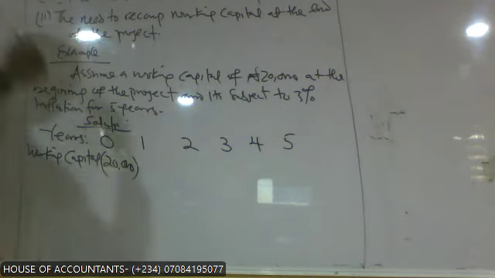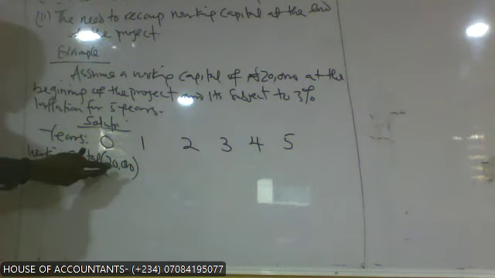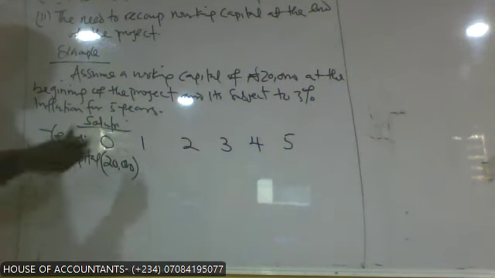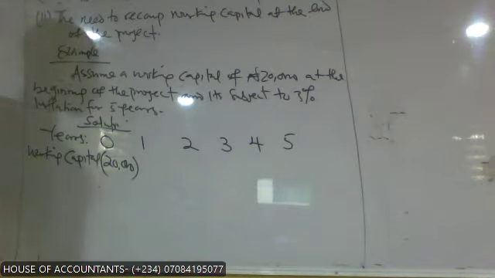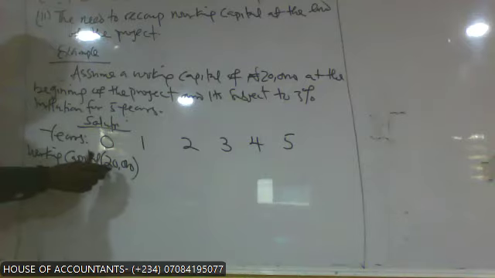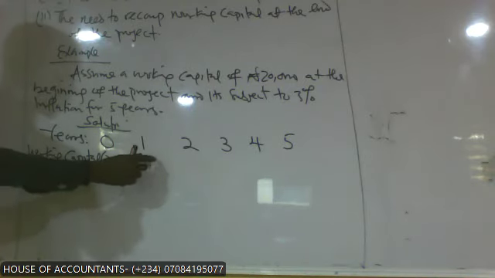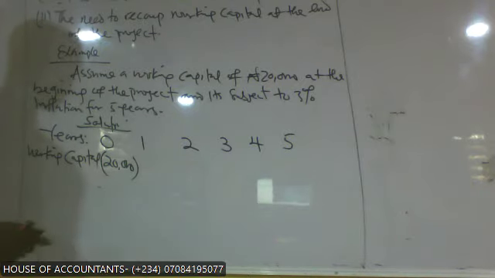Now, if 20,000 is at the beginning, which is under year 0, and is subject to 3% inflation, what is going to be the working capital in year 1?